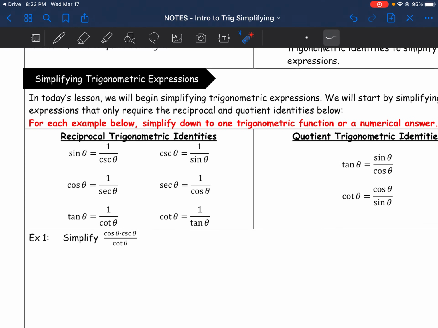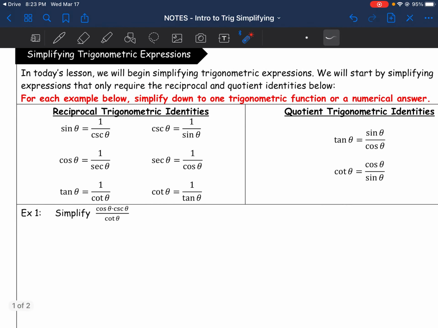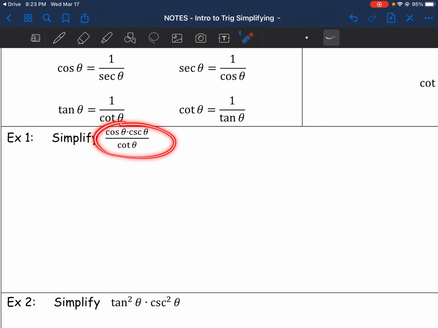And each one of these 5 examples specifically, we're going to be able to simplify down to either a single trig function or a numerical answer or a constant. Okay, so let's start here. We want to simplify this expression, cosine of theta times cosecant of theta divided by cotangent of theta. And again, we want to simplify it down to either one trig function or a constant.